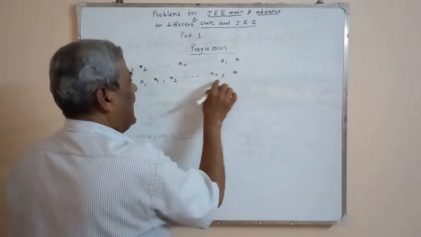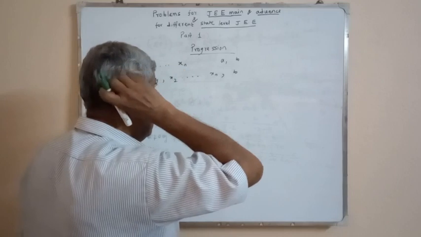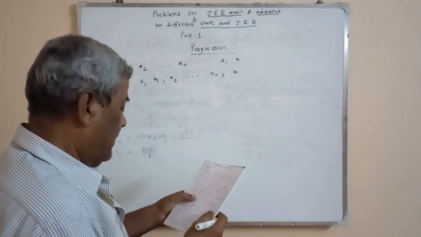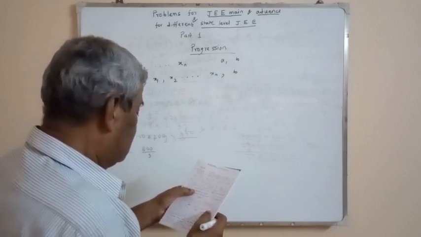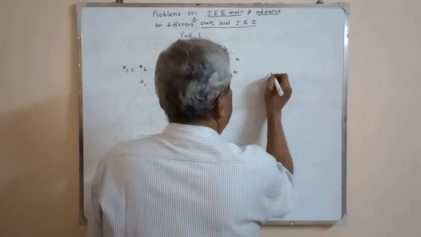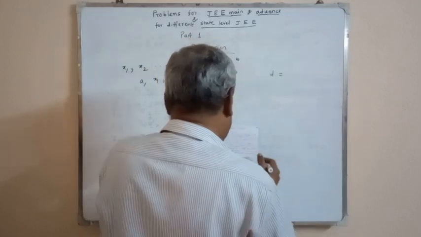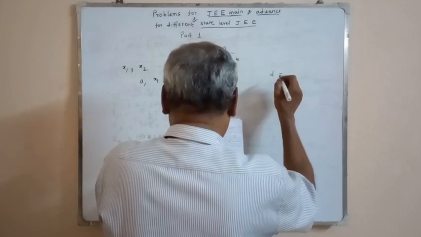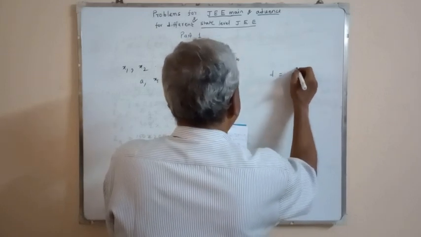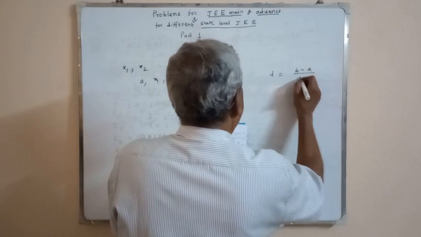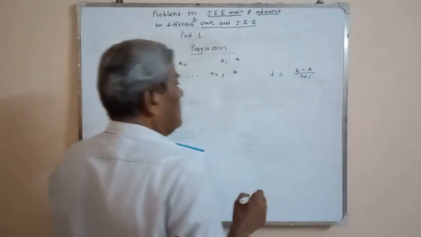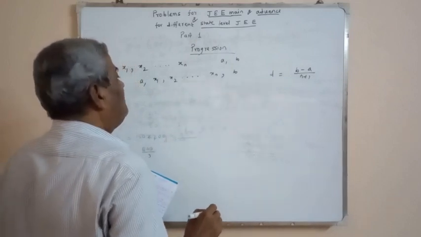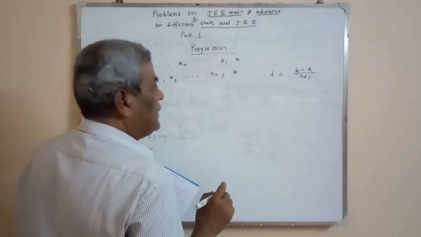Suppose the common difference D will be equal to b minus a divided by n plus 1, because this AP has n plus 2 terms.